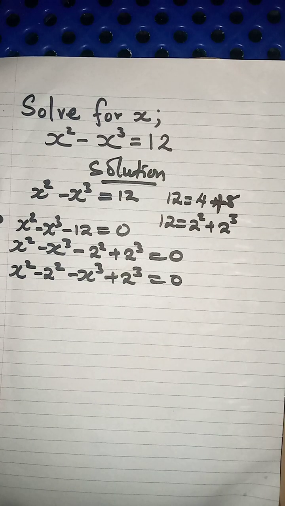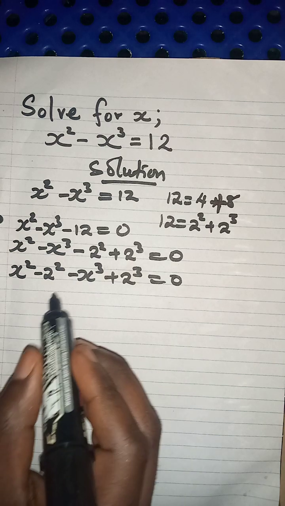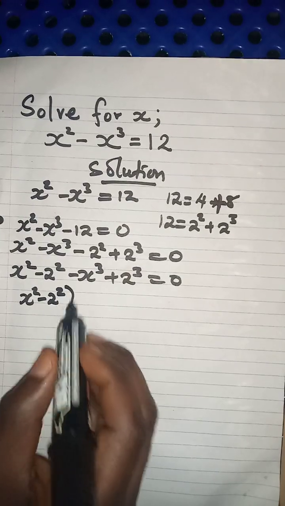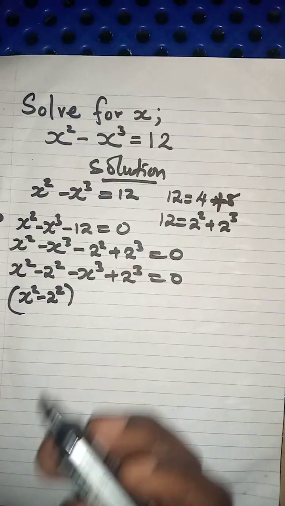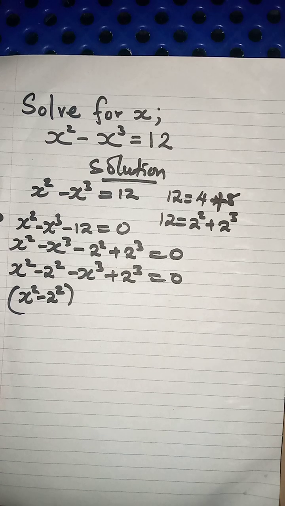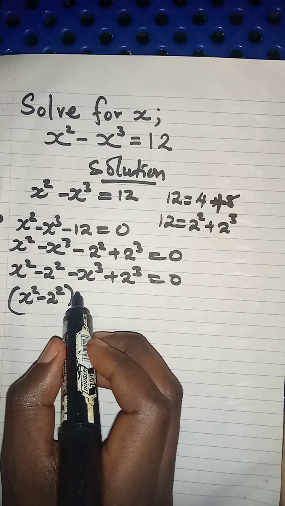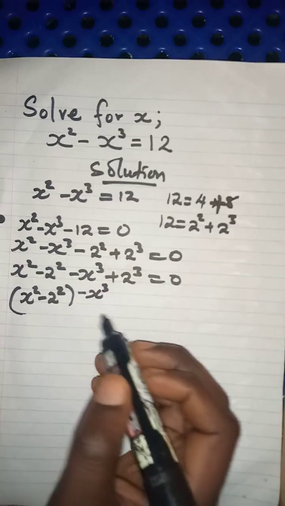At this stage, what I can do next is factor out, and this can be written as x squared minus 2 squared, so that I have minus of x cubed.